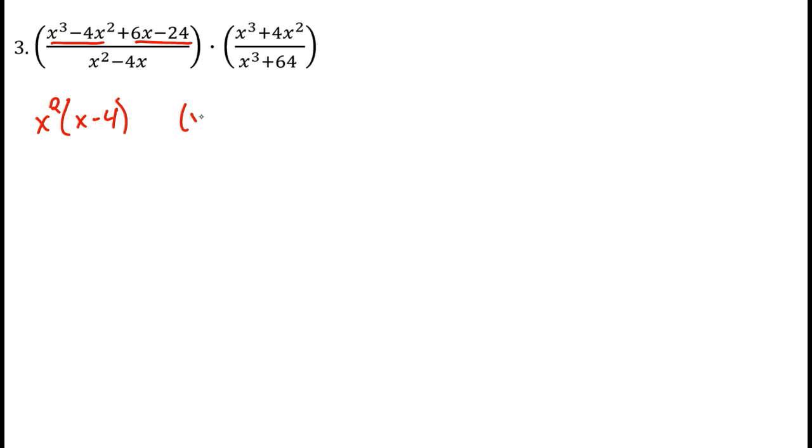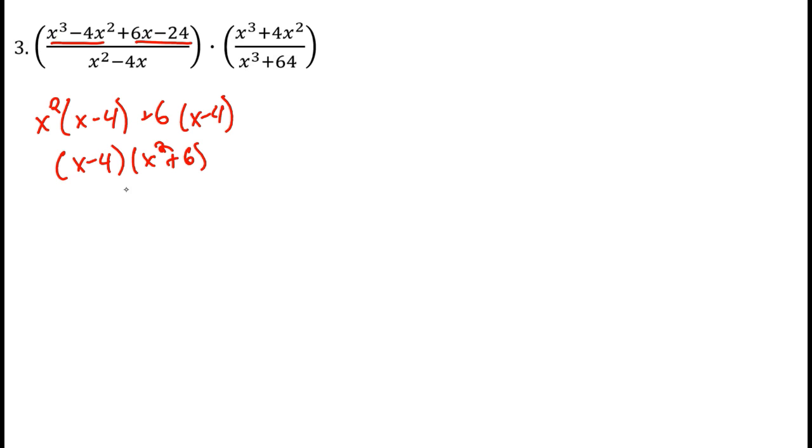Group the next two, hopefully I can get an x minus 4 if I factor out a plus 6. Let's finish factoring that first. So that numerator is equivalent to x minus 4 times x squared plus 6.